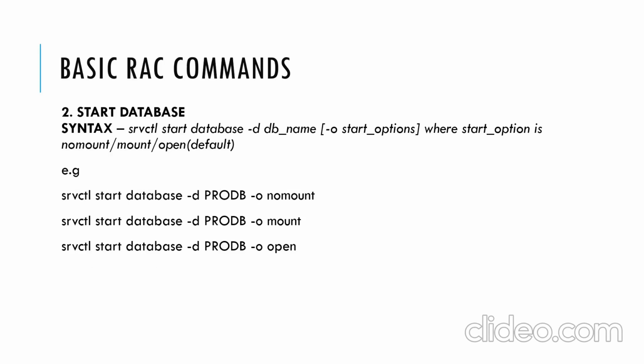How do we start a RAC database? The syntax is srvctl start database -d dbname -o start options, and the various start options are nomount, mount, open. So the command becomes srvctl start database -d proddb -o nomount.